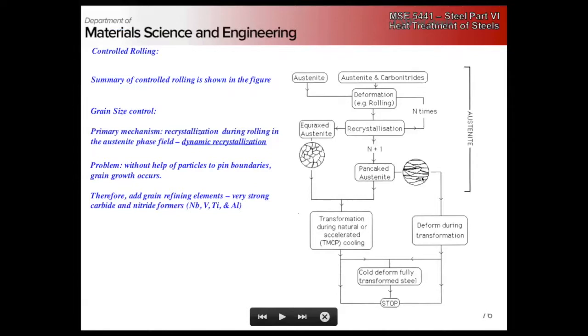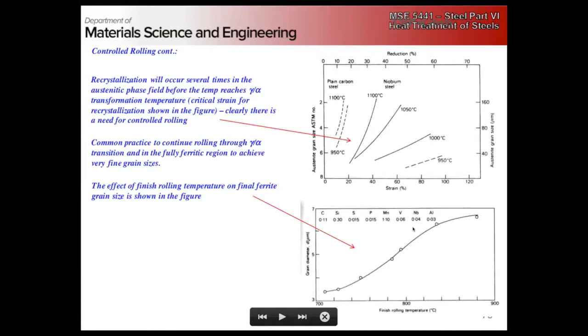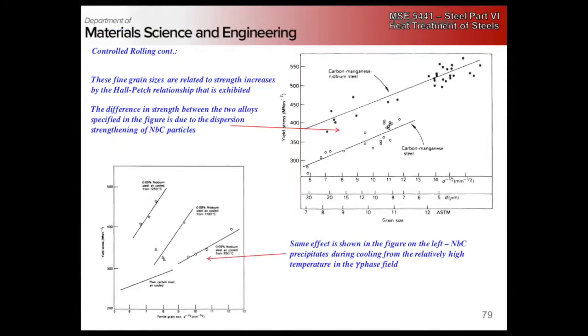We're going to have pancaked austenite grains, and this can lead to a very fine final ferrite structure, because we have a huge amount of grain boundary area to serve as nucleation sites. So one of the common practices is to keep rolling as we go down through the austenite to ferrite transition and into the fully ferritic region to get very fine final grain sizes.